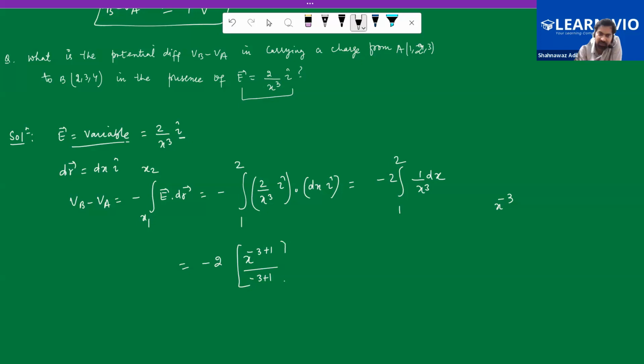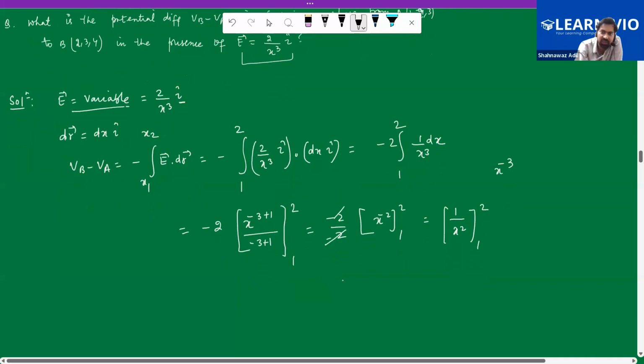The limit is 2 to 1. So we have minus 2, minus 2 and minus 2 will cancel. And this is x to the power minus 2, from 2 to 1. This part is cancelled. So we have 1 by x square from 2 to 1.